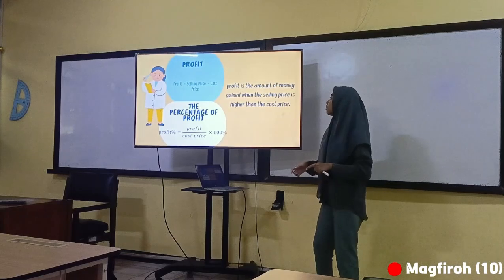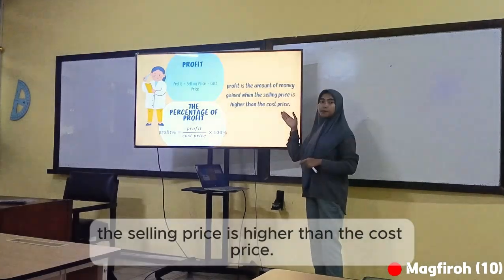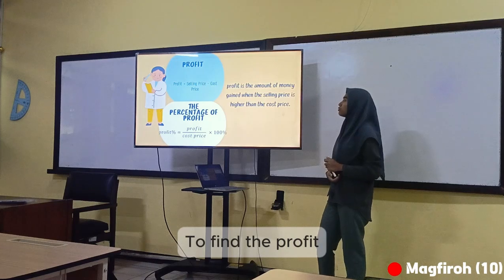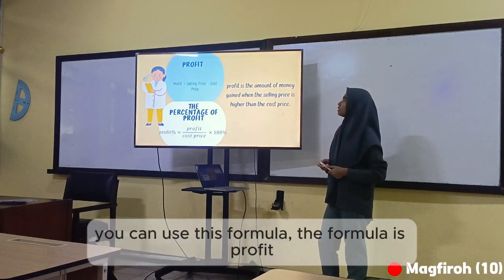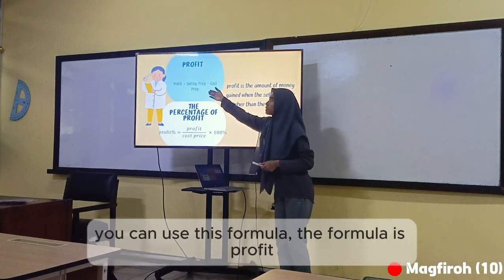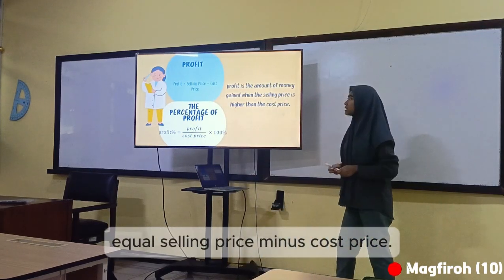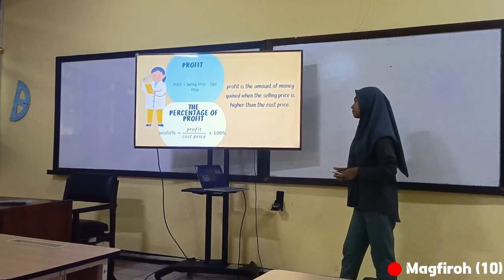Okay, next we talk about profit. Profit is the amount of money gained when the selling price is higher than the cost price. To find the profit, we can use this formula. The formula is profit equals selling price minus cost price.